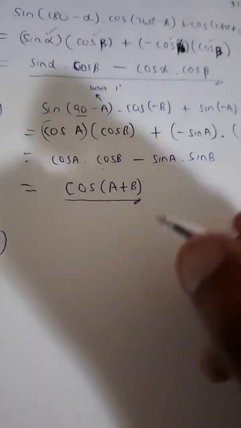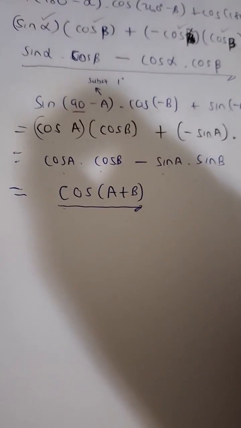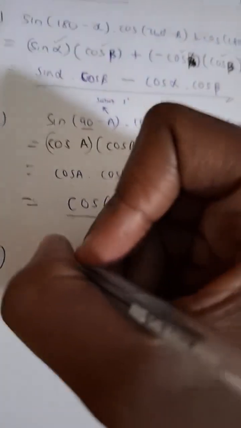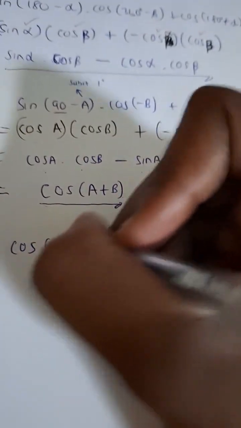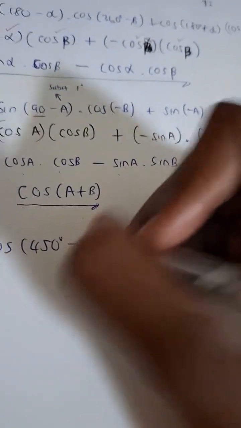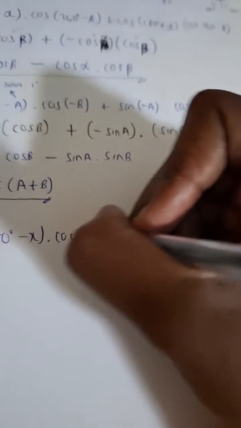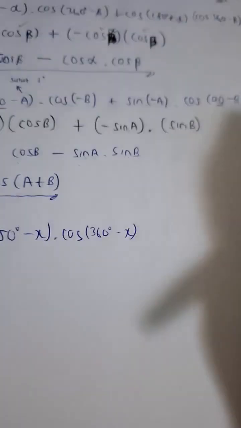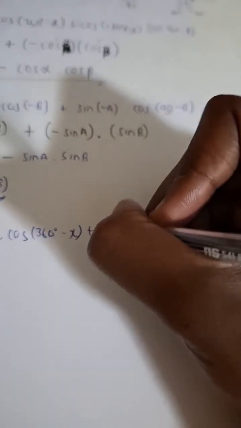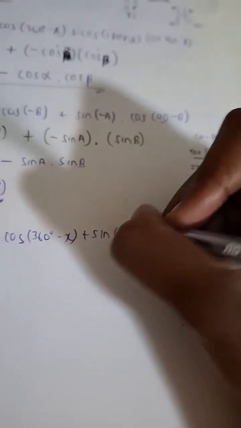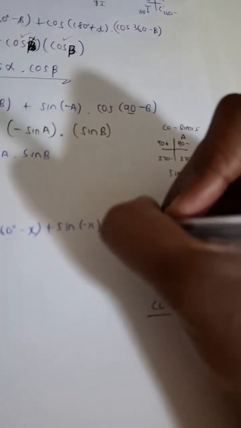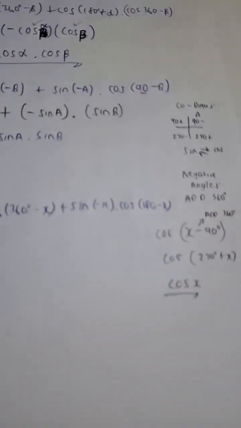Okay, so let's go to another one, number 3. Cos of 450 degrees minus x, cos of 360 minus x, plus sine of negative x into cos of 180 minus x.